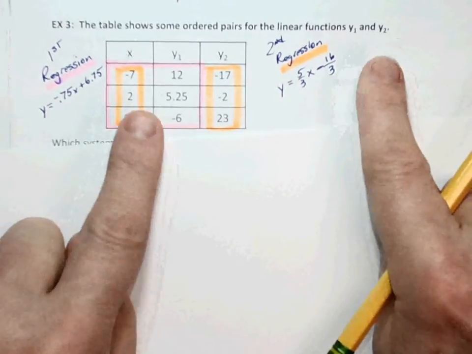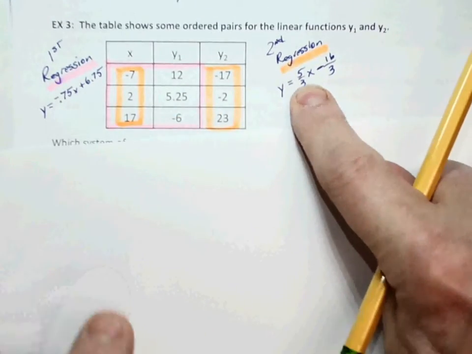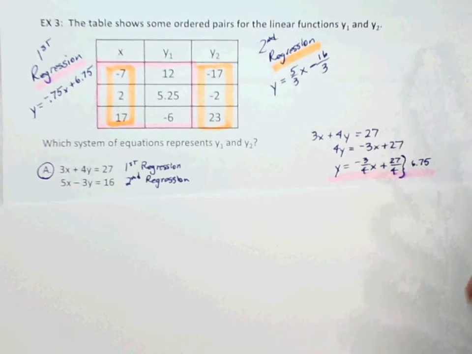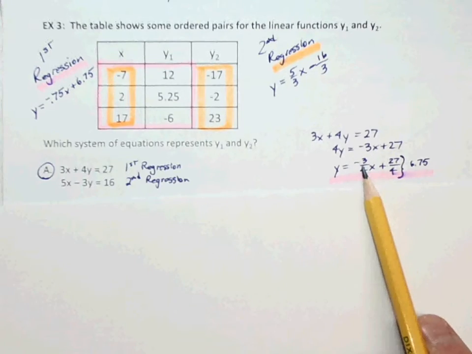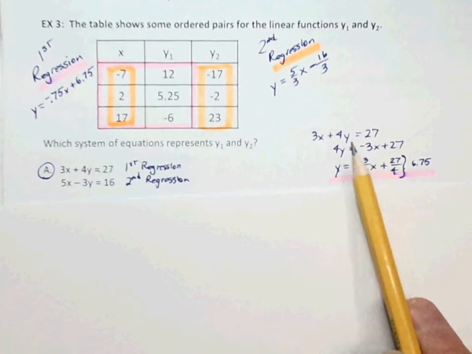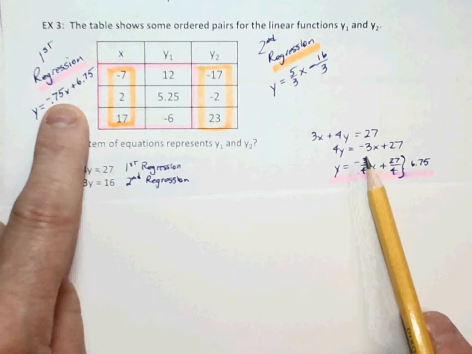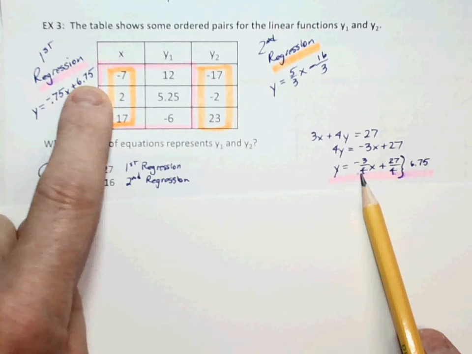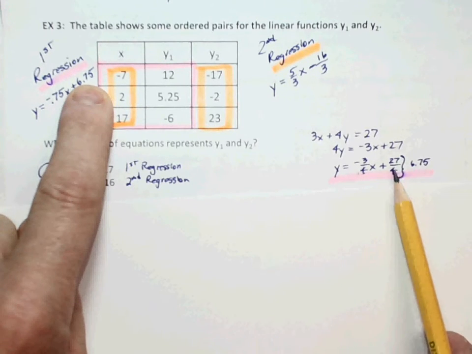So stat calc, stat edit for each of these, write it down, and now we got to play the match game. So if we solve this guy for y, look what we get. Move the x, divide by what's in front of y, and -3/4 is -0.75, and 6.75 is 27/4.